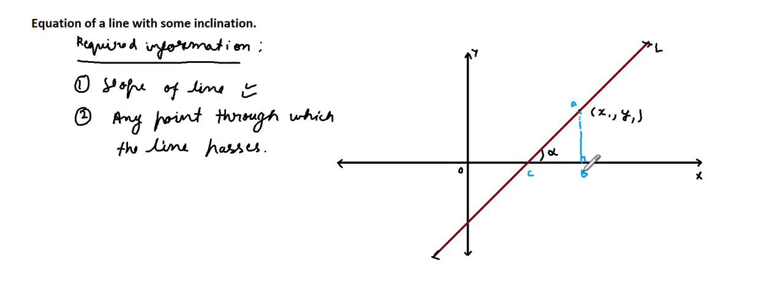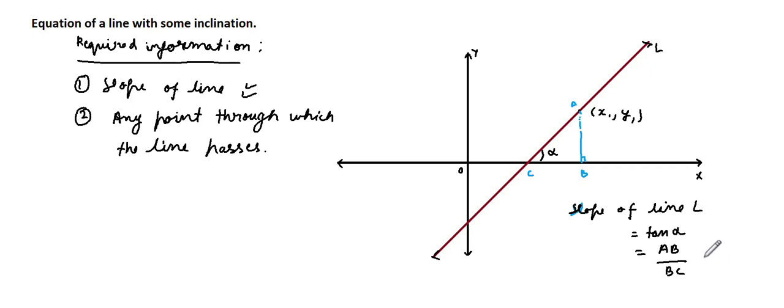Now, what is the slope of a line? The slope of line L is equal to the tangent of this angle alpha, and we can write the same thing as AB by BC.